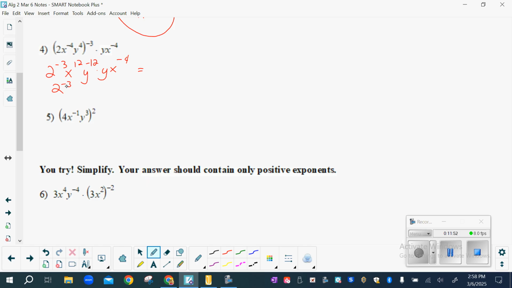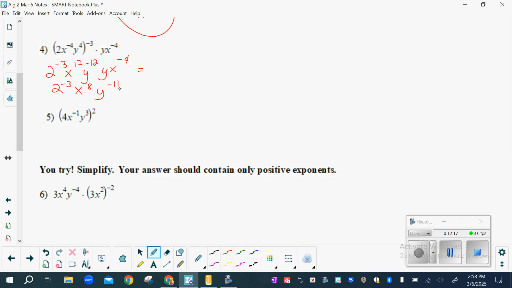What do we do with those exponents? Yes, x to the 8th. We add them. So x to the 8th, and then y to the, you got a negative 12 and you got a 1. Negative 11.